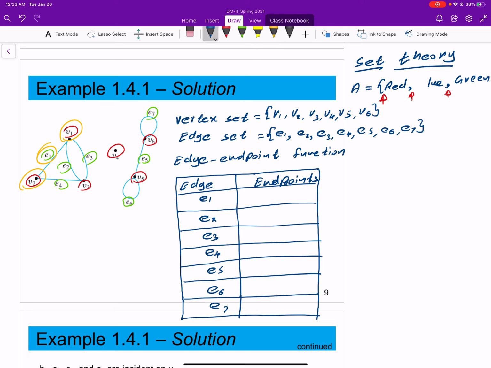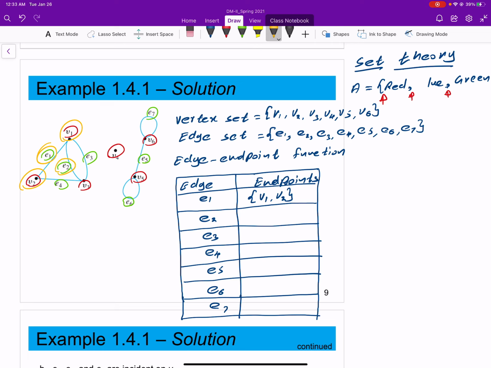Okay, so you have to write the endpoints in curly brackets again because that's a set. V1 comma V2. And then if you take E2, where's E2? Oh, yeah, right here.